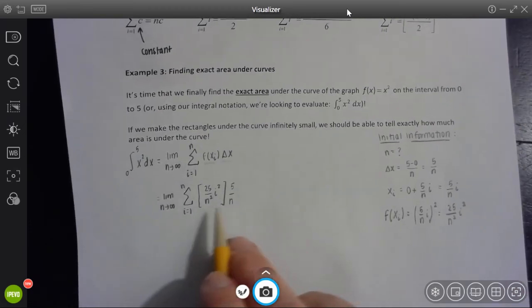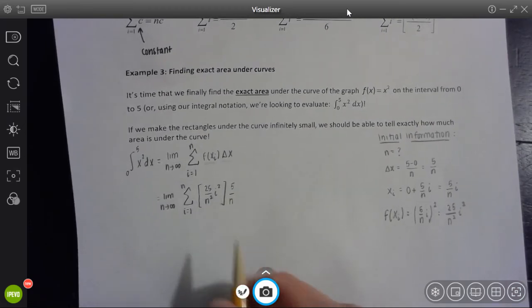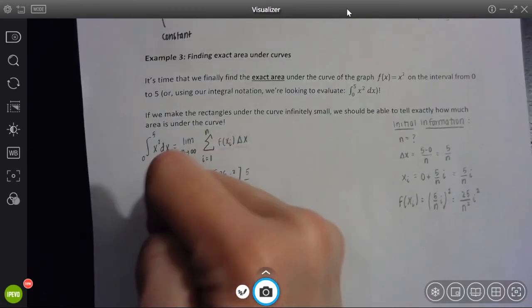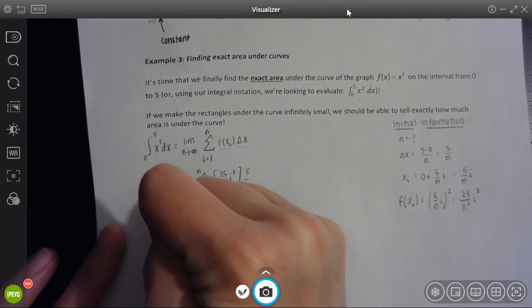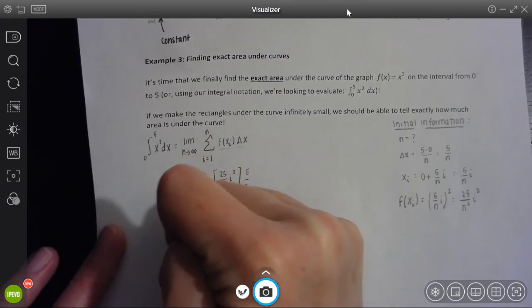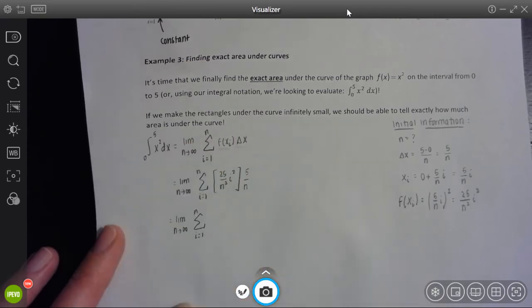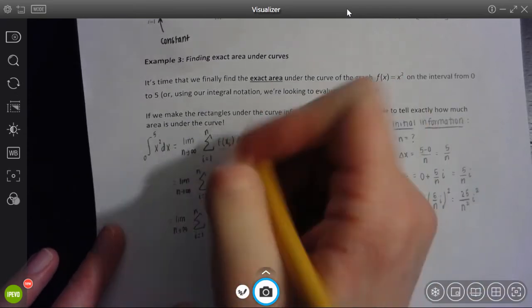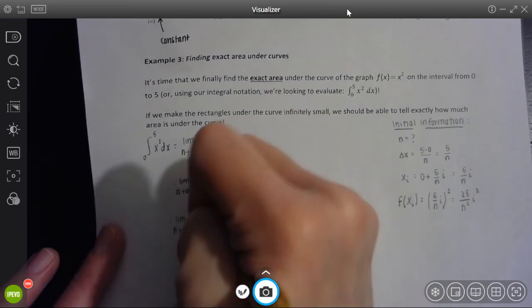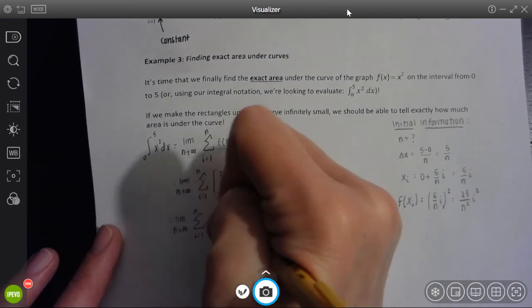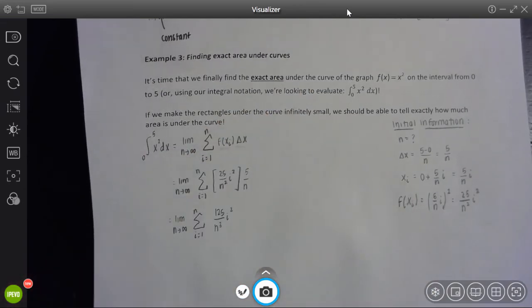I'm going to multiply this out, because I want to simplify things in here before I continue with my solving. So if I multiply in here, 25 times 5 gives me 125. N squared times n gives me an n cubed. And I'm left with this i squared.